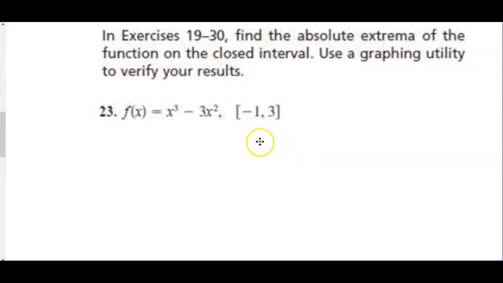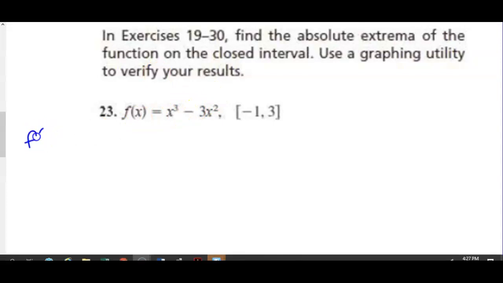What you do on this problem is we're first going to find our derivative again. So f prime of x would be 3x squared minus 6x. Then we set it equal to 0 and solve it.